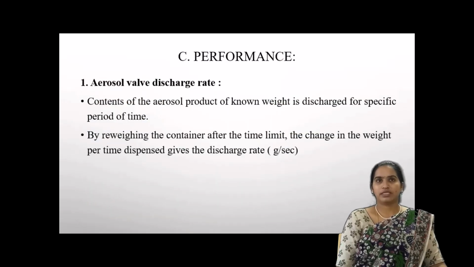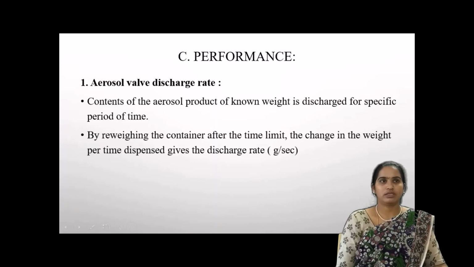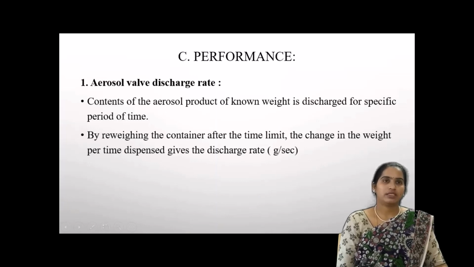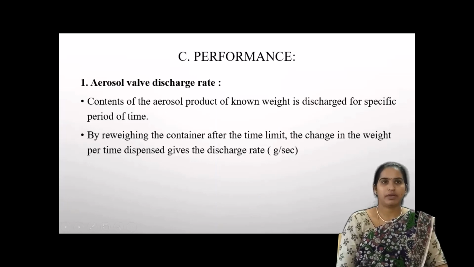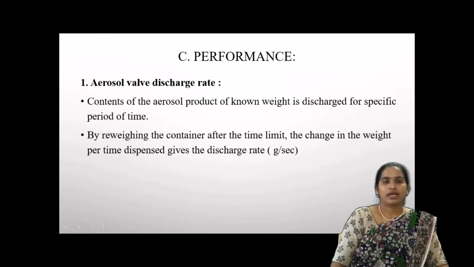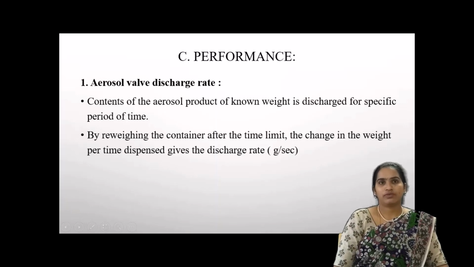Next, performance of aerosols. In that, the various parameters that are determined are aerosol valve discharge rate. So the content of the aerosol product of known weight is discharged for a specific period of time. By reweighing the container after the time limit, the change in the initial and final weight dispensed gives the discharge rate.